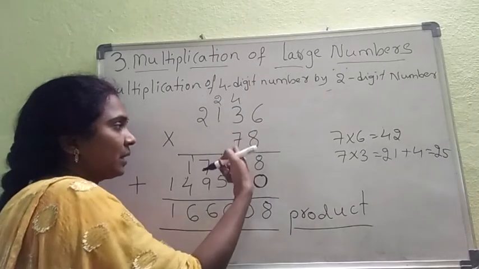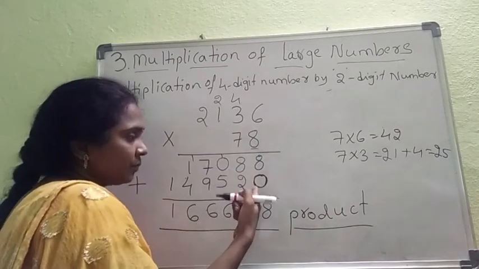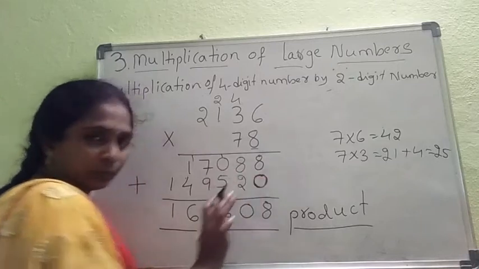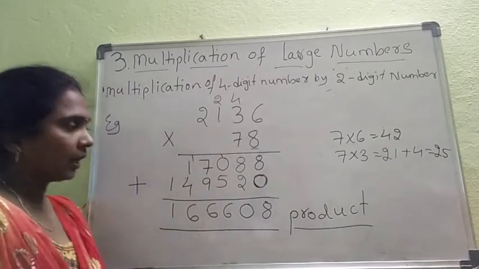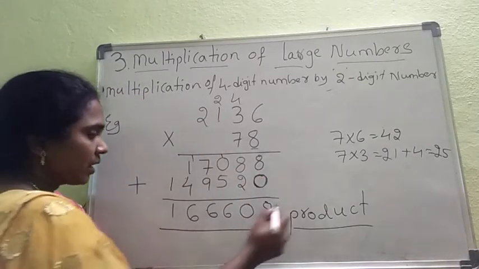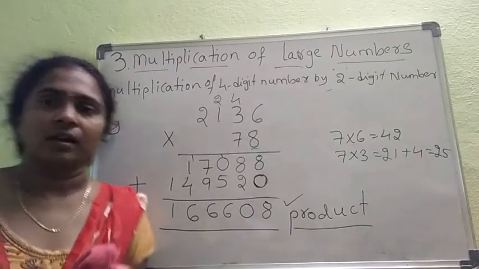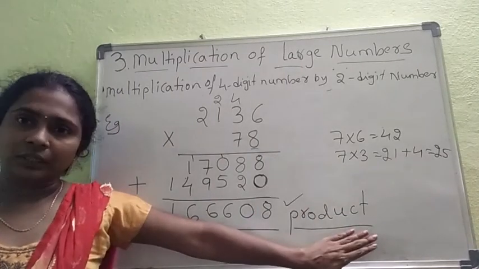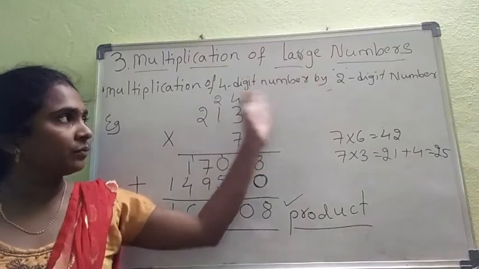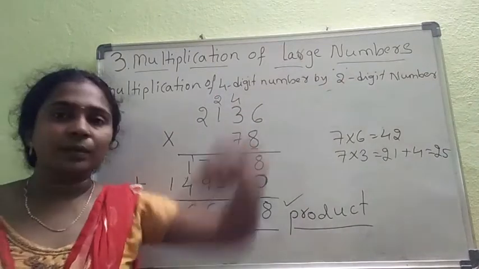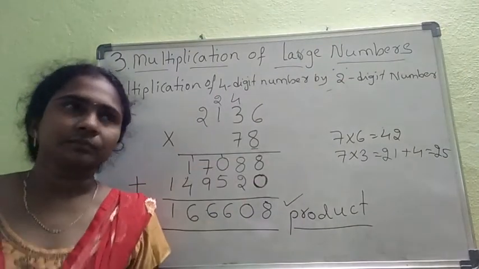Remember, okay? Next step, adding up these two, and this is the final answer that we call product. I hope it is clear how we multiplied a 4-digit number by a 2-digit number, right?